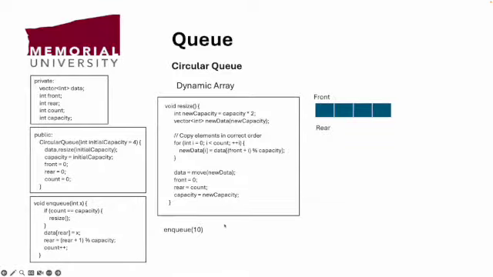Okay, let's start enqueue 10, okay? 10, right? So count equal to 0, capacity equal to 4. They're not equal, so we don't resize. This means this dynamic array is still not full yet, okay? And then we go here. Data[rear] equal to x, so data[0], right? So we assign this value equal to x.